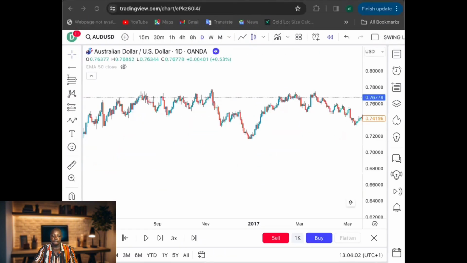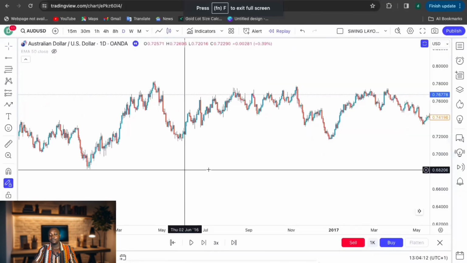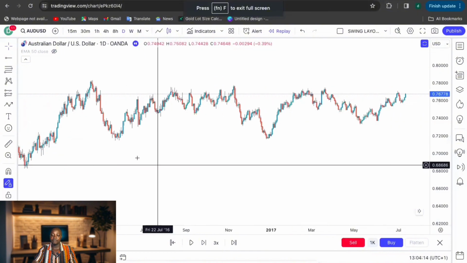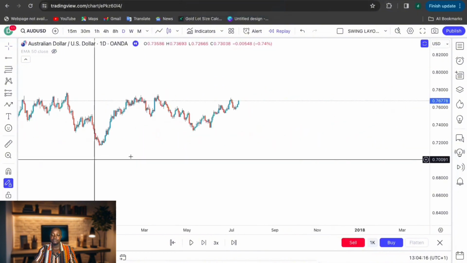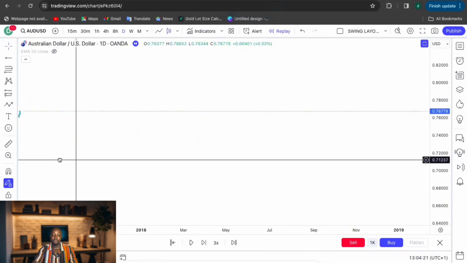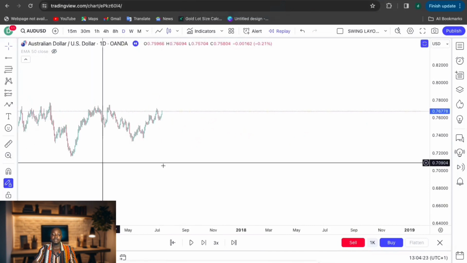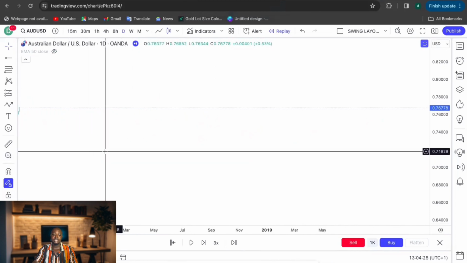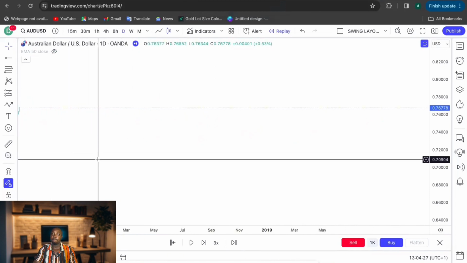So let's move over to candlesticks. Now we have various types of candlesticks. We are not going to cover all of them, because I don't feel like the terminologies and the lingo are important.